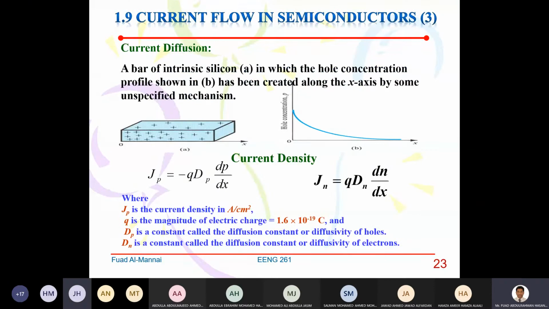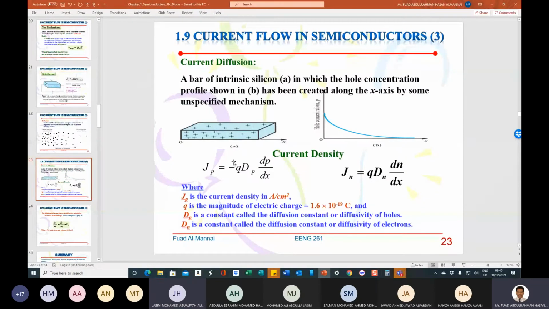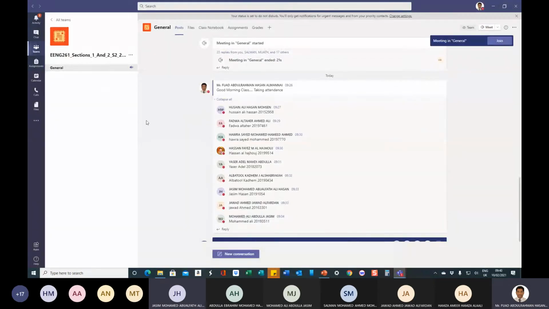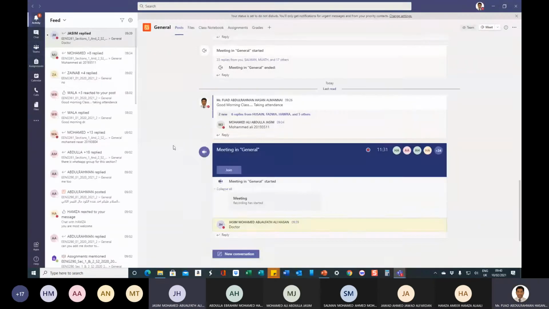Doctor, there's one guy messaging me on WhatsApp. He's not in the Teams. He's asking if you can add him. His ID number is 2019-0975. I thought I added him before.